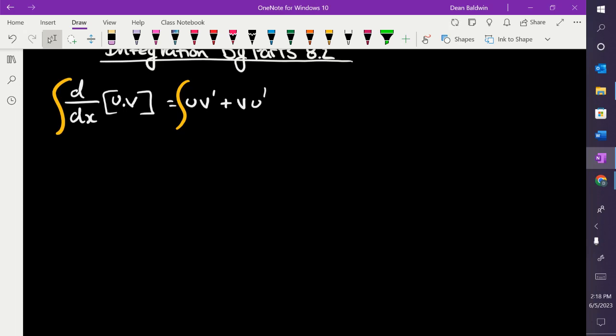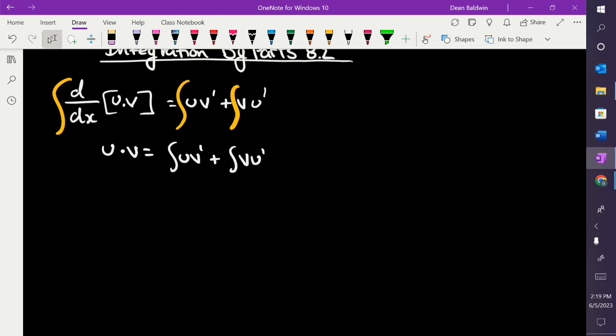Because they cancel each other out. So I get u times v is equal to, now the other side, I'll just put the integral on both, like that. I have the integral of u v prime plus the integral of v u prime.